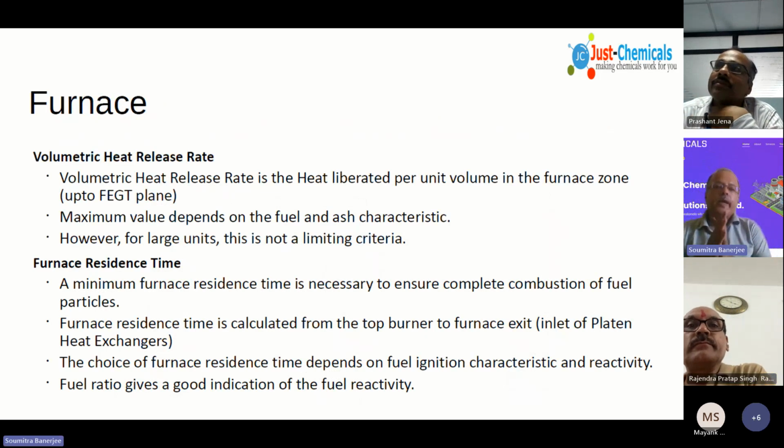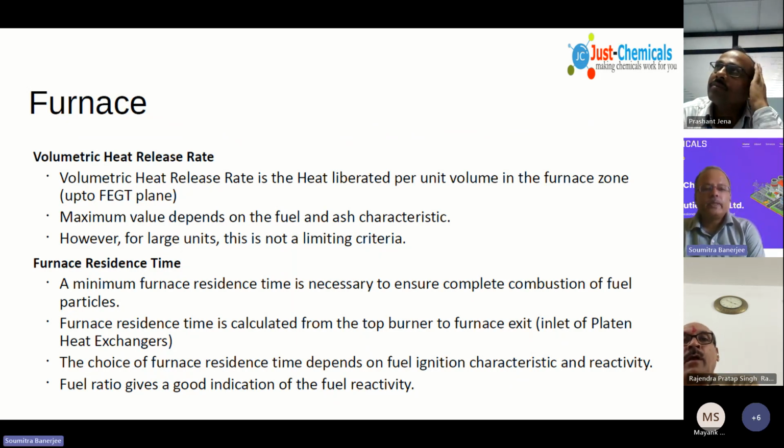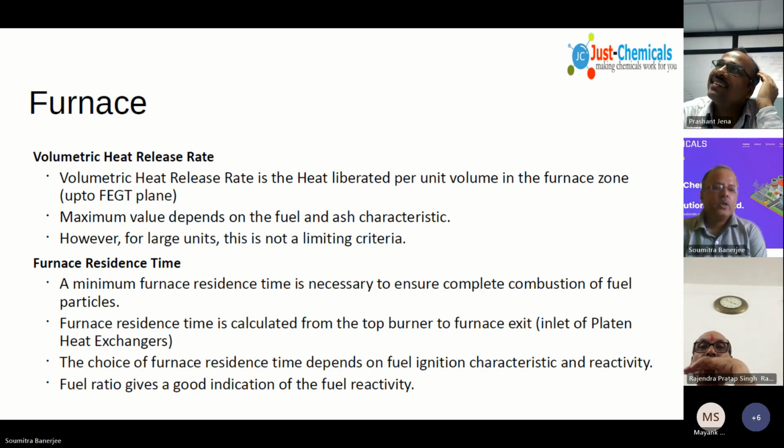So this volumetric heat release rate is the heat liberated per unit volume in the furnace zone. The maximum value depends on the fuel and ash characteristic. However, for large units, this may not be the limiting criterion.